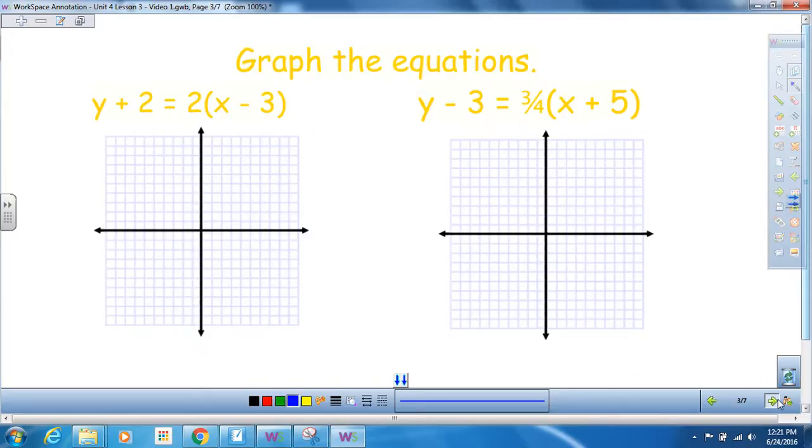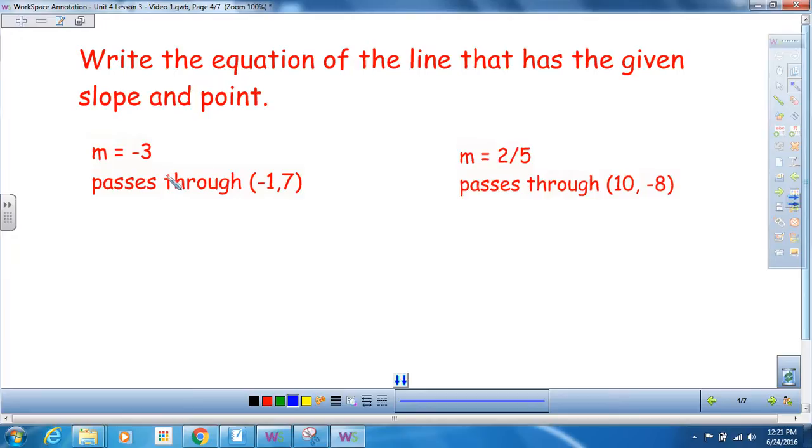So we're going to graph, but let's first write the equations. I think that will be an easier place to start. All right, so you're given a slope and you're given a point. So I want to use this formula. Okay, so now I'm just plugging in.